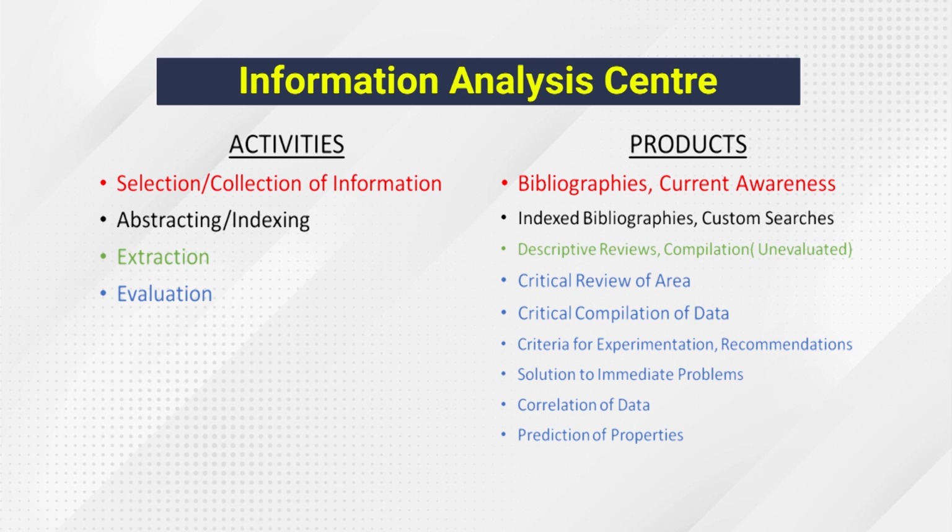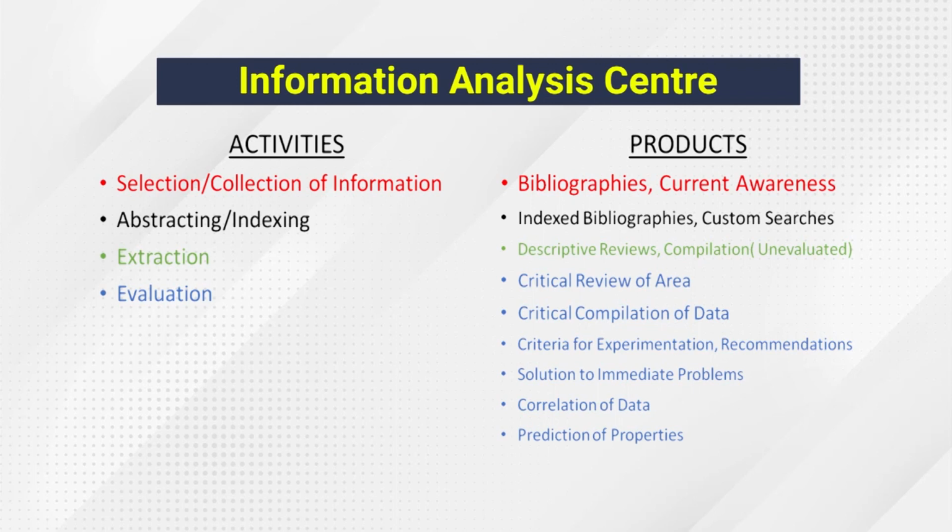Now the next activity is abstracting and indexing, and the products created out of these are abstracts and indexes. These abstracts and indexes again could be customized, keeping in view the demands of the users, or in anticipation. These could be parts of other documents or could exist as individual independent products also.